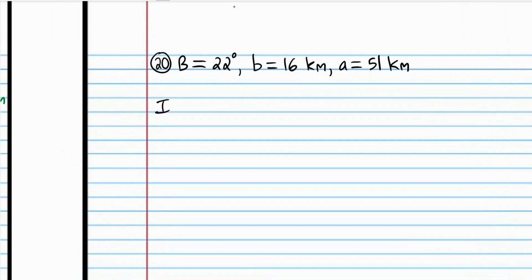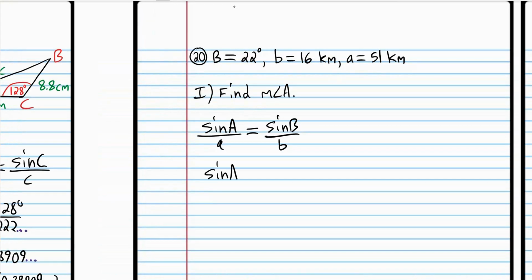Okay, we're back. So we're first going to try to find the measure of angle A using the law of sines. So we're looking for the measure of angle A, and we know the length of side a. We know the measure of angle B and the length of side b.